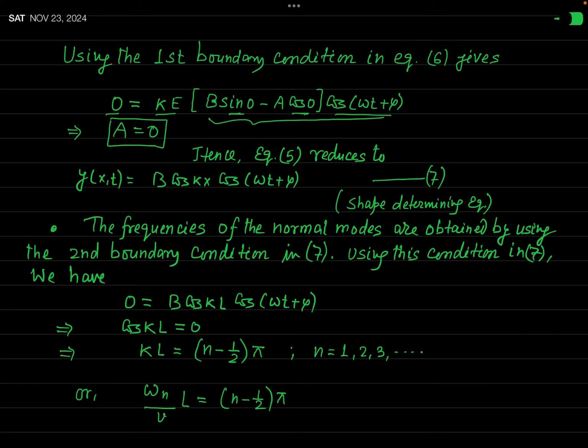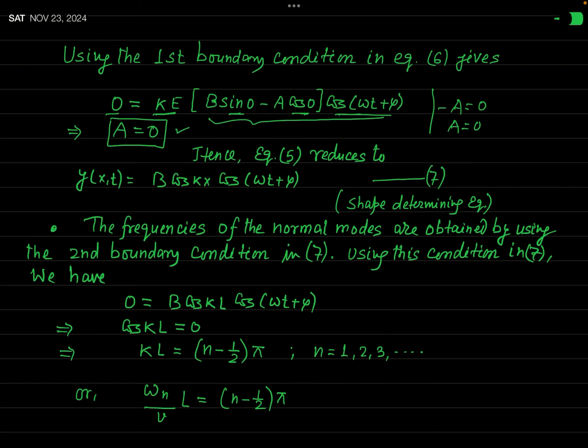Cos 0 is 1. Now, for all time this cosine function cannot be 0, and k and E both are not 0. So definitely minus A is equal to 0, or you can say that A is equal to 0. So applying the first boundary condition, we obtain the value of constant A, which is equal to 0.